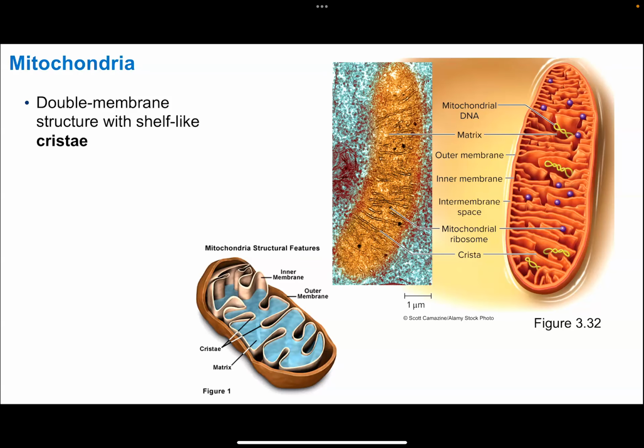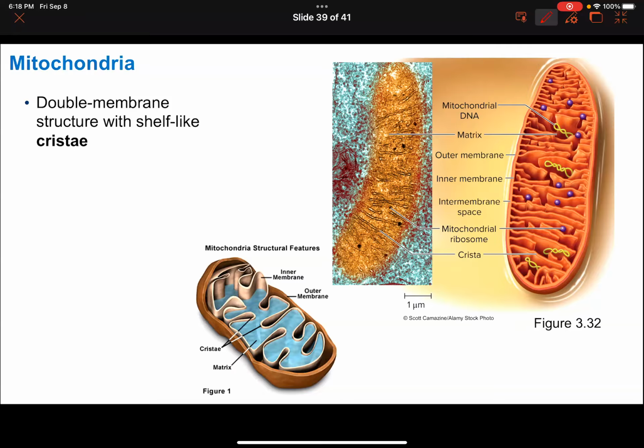Another very, very important organelle that we're going to talk about in the next unit from the get-go is the mitochondria. You may have heard of the mitochondria as the powerhouse, and that is because this is where the most ATP is made. And so we will spend time when we're looking at cellular metabolism in the next unit talking about how ATP is made in the mitochondria.